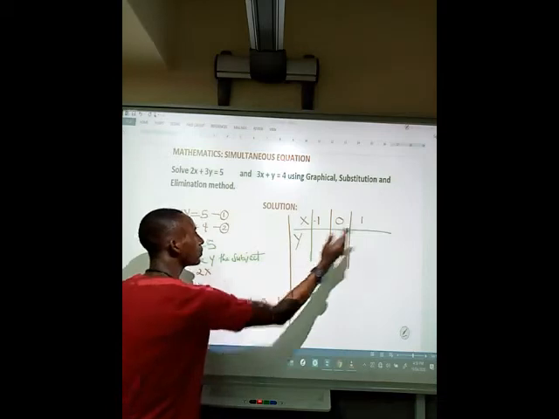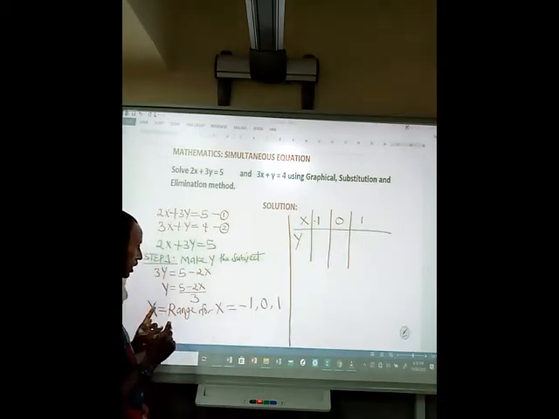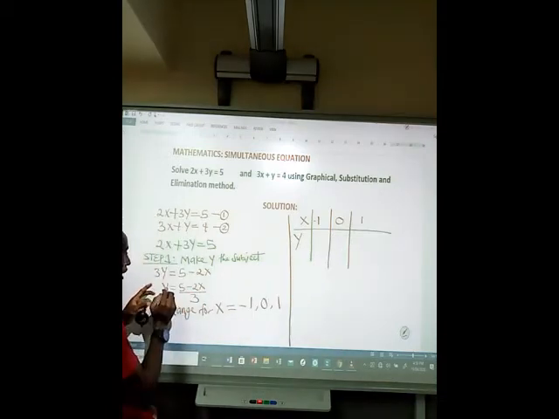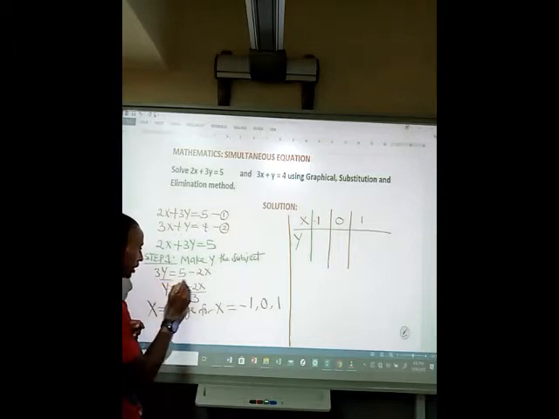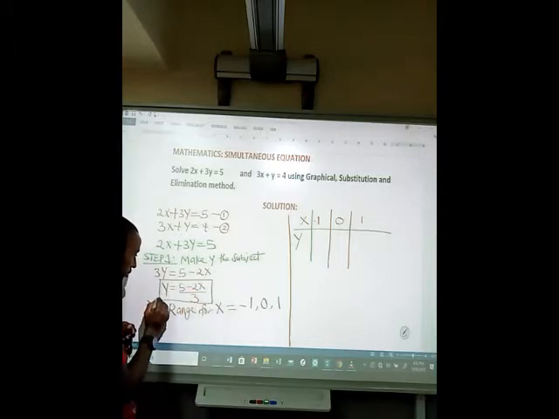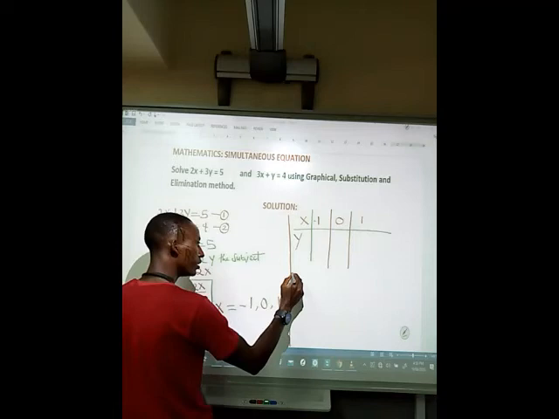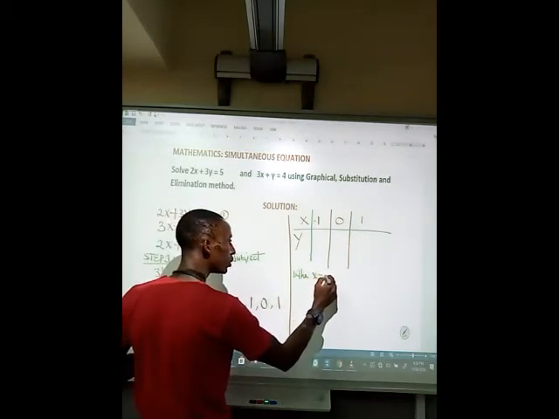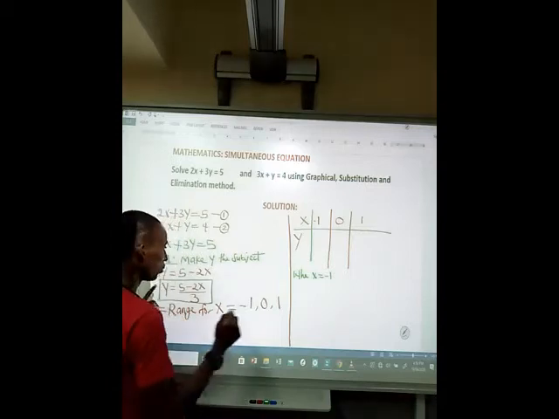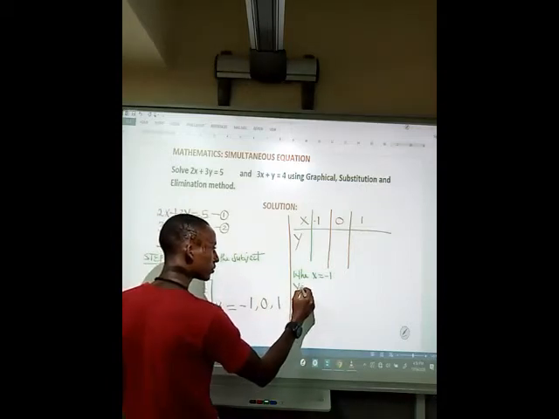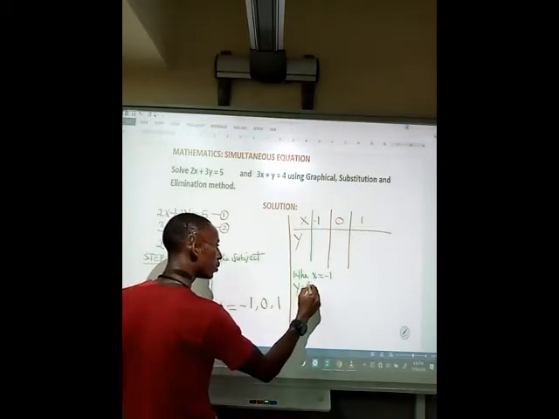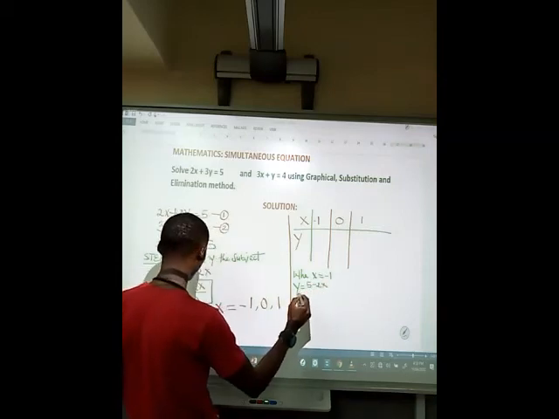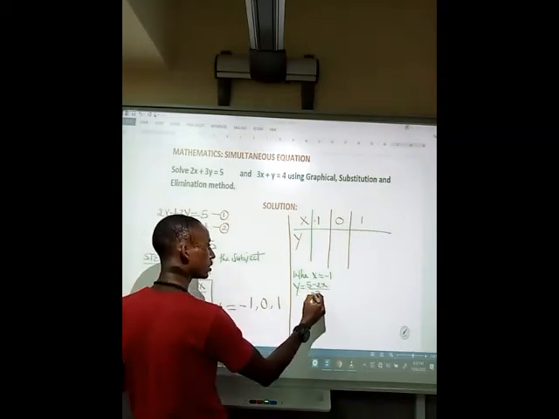Now how do you fill up your table? Do not forget that you have been able to make y the subject of the formula. Then you come when x is equal to minus 1. What will be your y? Do not forget your y is equal to 5 minus 2x, everything over 3.